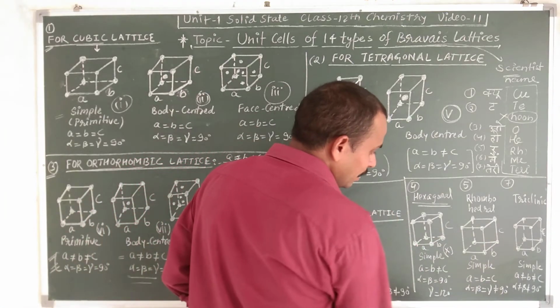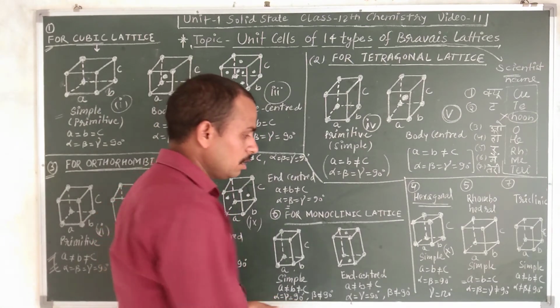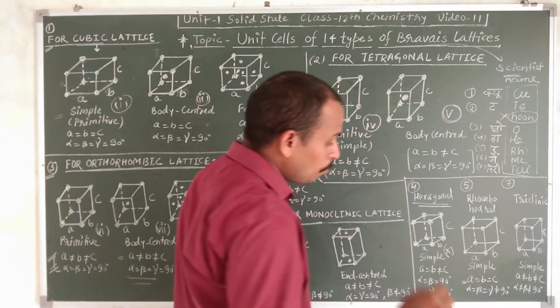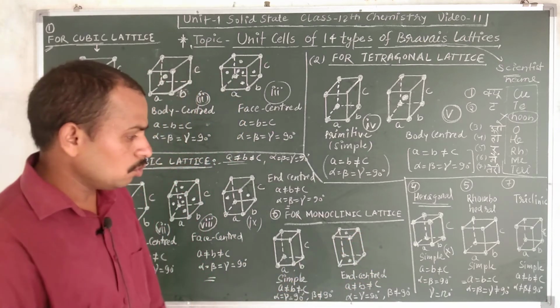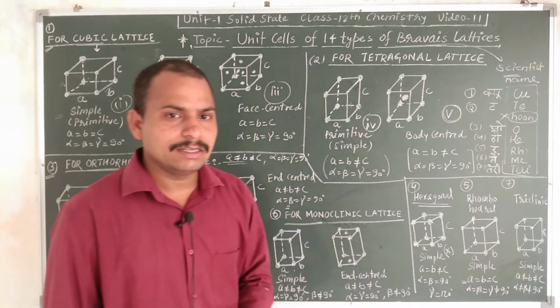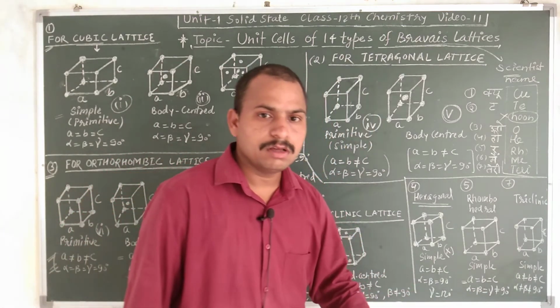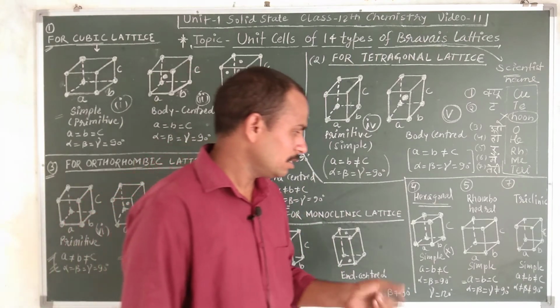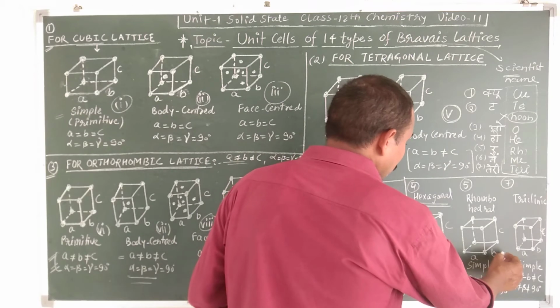All edge lengths are equal to each other: A equal B equal C. But the axial angles alpha, beta and gamma are not equal to 90 degrees. These angles are all equal but not 90 degrees. So this is rhombohedral, and this is the 11th.